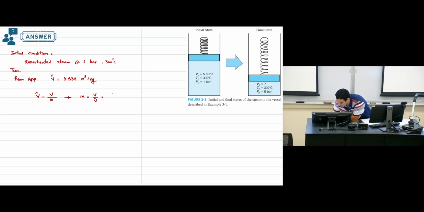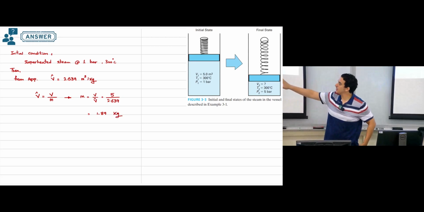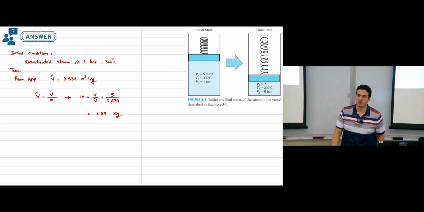At the initial conditions, the volume is known, and the specific volume we just obtained from the appendix, so we can calculate the mass here. This mass will be 1.89 kilogram. So initially the mass we have is 1.89 kilogram.